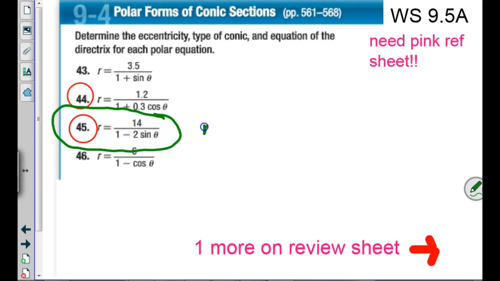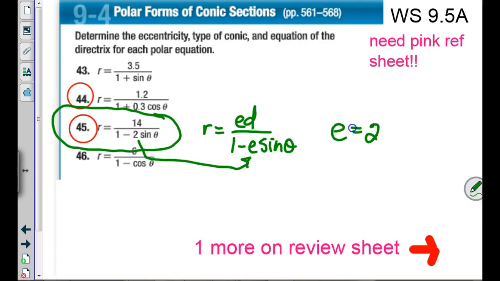So the formula is r equals ed, it's right off the sheet, over 1 minus e sine theta. So e is 2. It's always positive. It says at the top, e is always greater than 0. So e is 2. If the eccentricity is 2, down underneath there, it says eccentricity greater than 1 is a hyperbola.